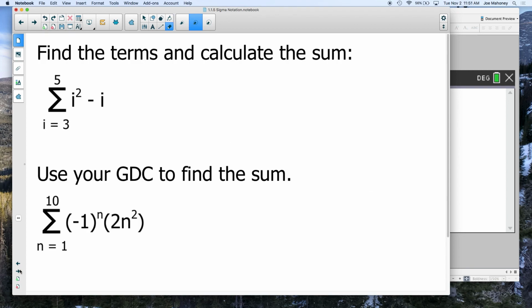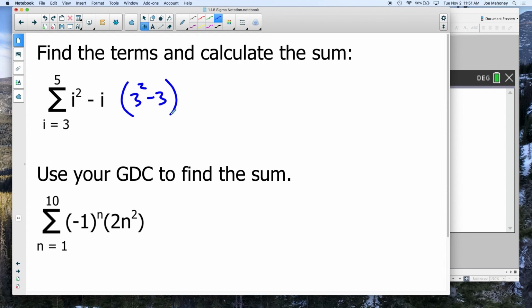So let's practice that. Let's see if we can find the terms and then calculate the sum for this. So in this first example, i starts at 3, that's our lower bound. Our upper bound is 5. So what this means is we're going to find the sum when i is equal to 3 of 3 squared minus 3.